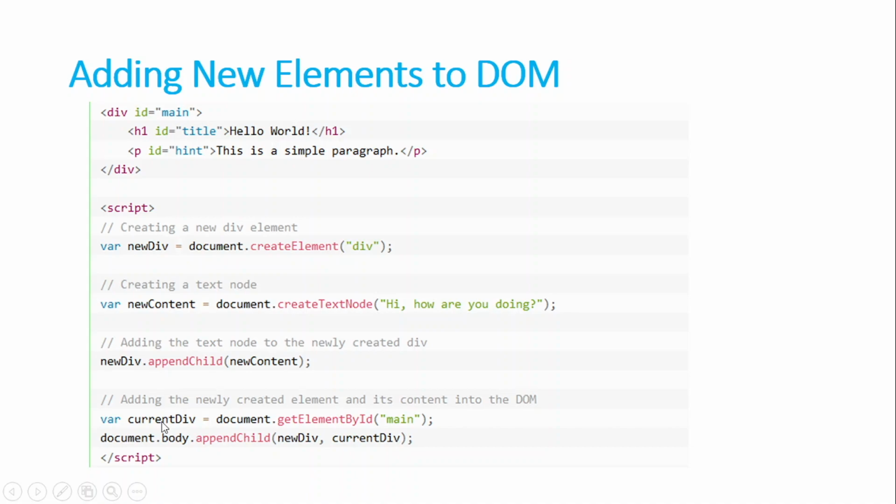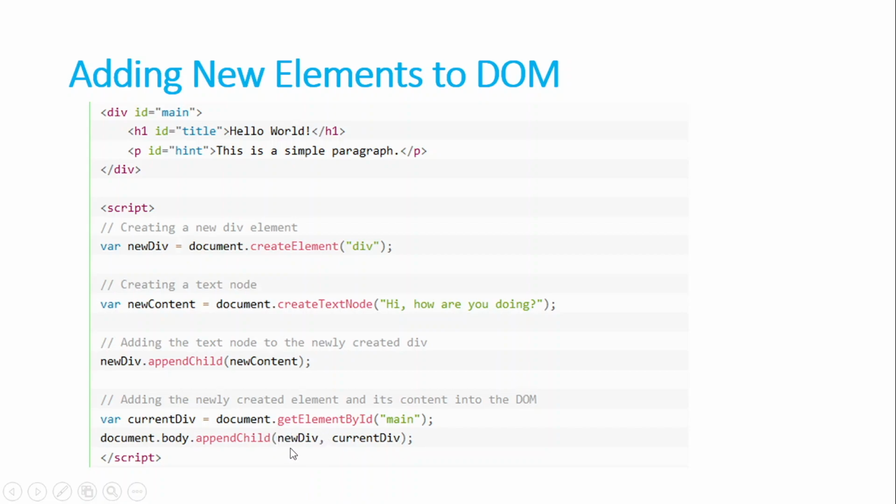Now for adding something inside this div element, the element with the ID main, we are using document.body.appendChild. So this appendChild again we are using to append this newly created element inside this currentDiv.